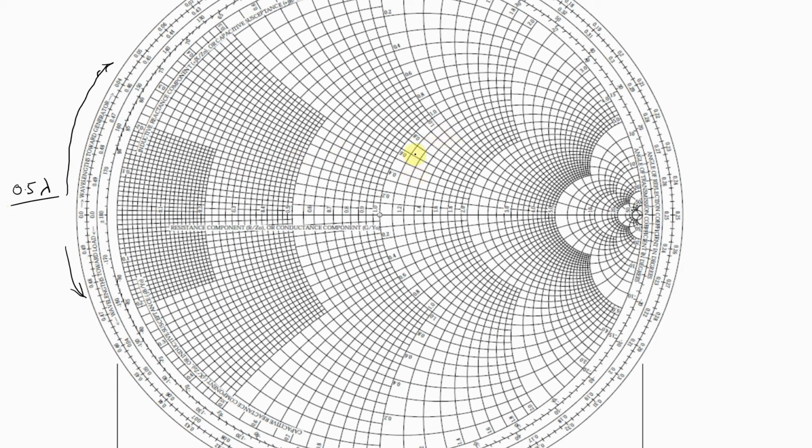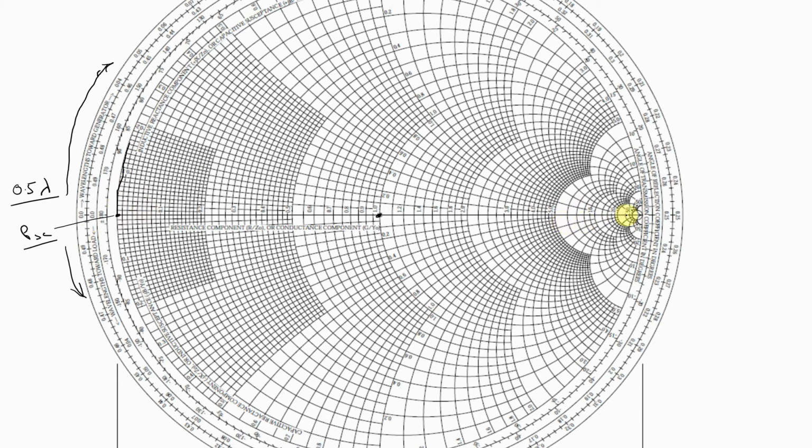Now these circles, the complete circle. This is the center point, where we have the r is equal to 1 circle. This extreme left point is the short circuit point, because here r is equal to 0, and the complete circle is the r is equal to 0 circle, short circuit.